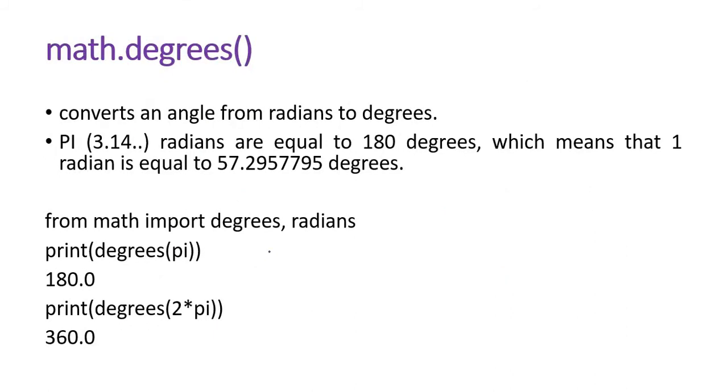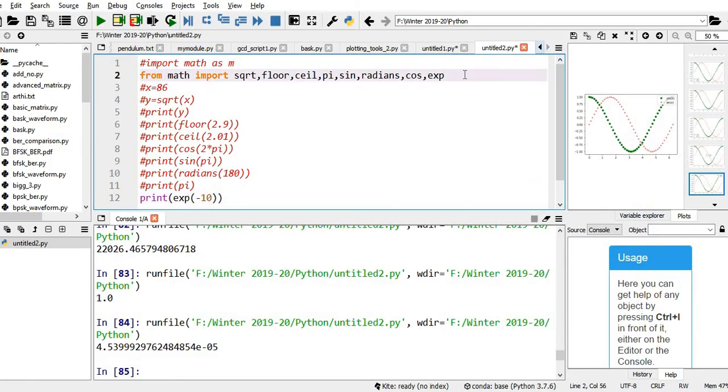Then suppose I have the answer in terms of radians and I need to get the result in terms of degrees, a radians to degrees conversion. You know that for example pi is 180 degree, 2 pi is 360 degree or 0. We'll try this. Let me import degrees.